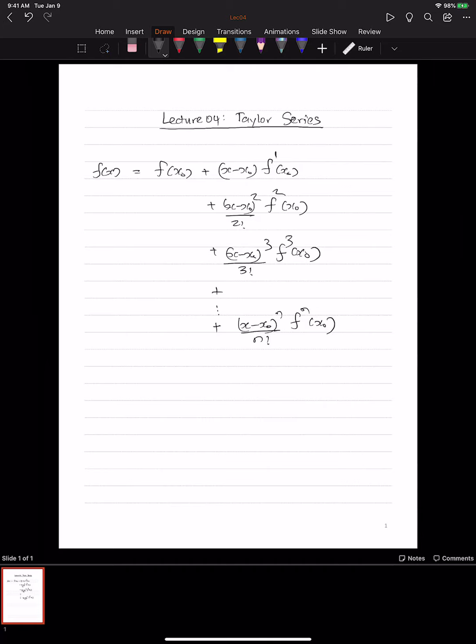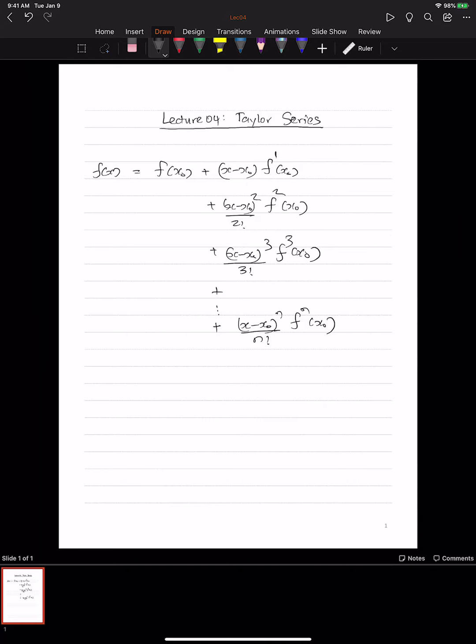f(x) is f(x0) plus (x minus x0) times f prime of x0, that's the first derivative, plus (x minus x0) squared over 2 factorial times the second derivative of f at x0, and then plus (x minus x0) to the power 3 over 3 factorial times the third derivative of f at x0.